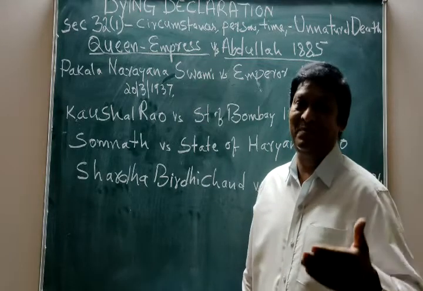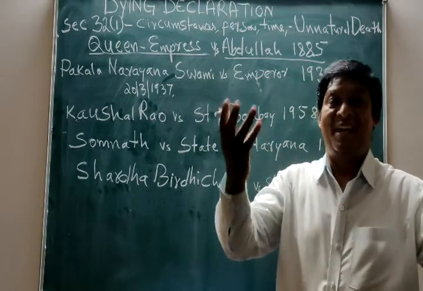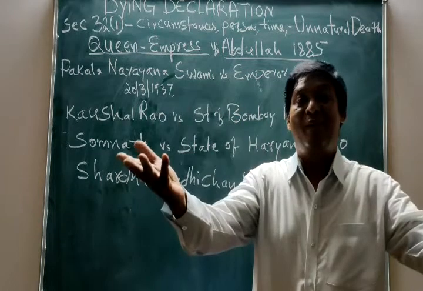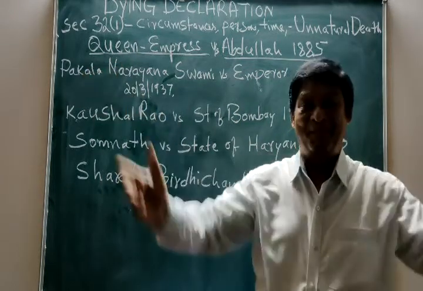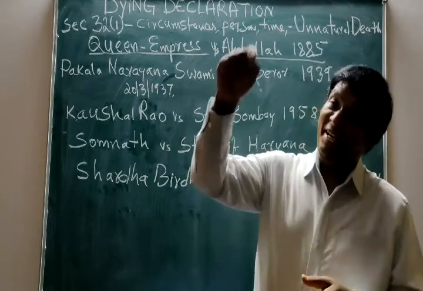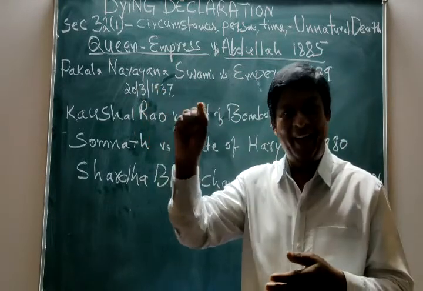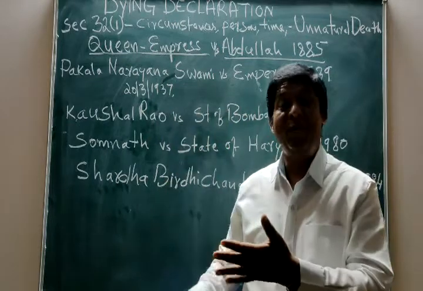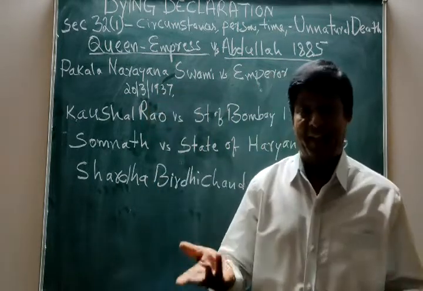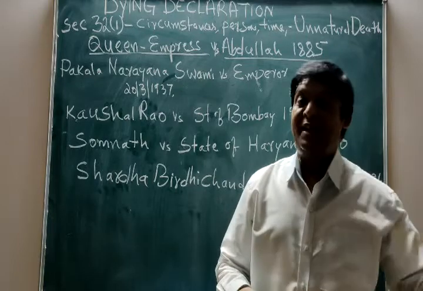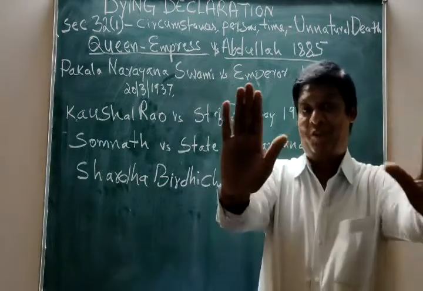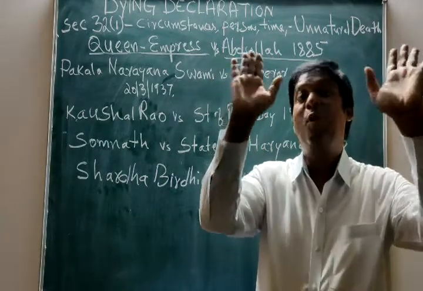The victim is going to make an oral statement to that person, and that person may write it down and take the signature of the dying person, if possible. I'm using the words 'if possible'.